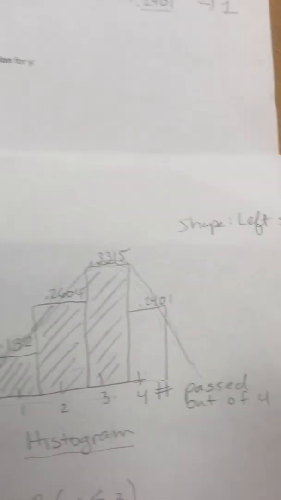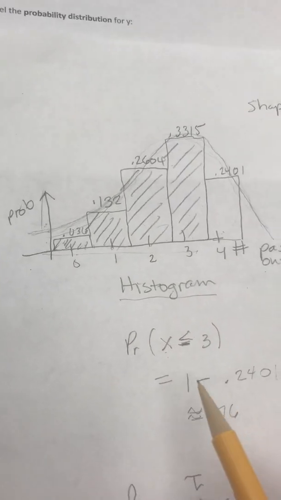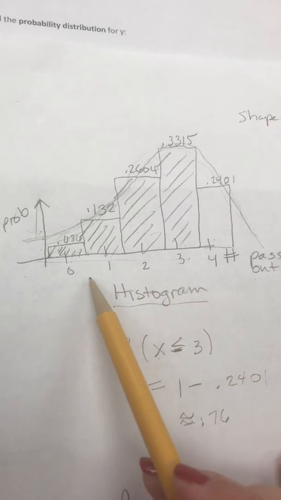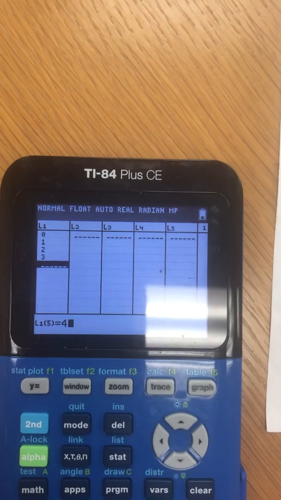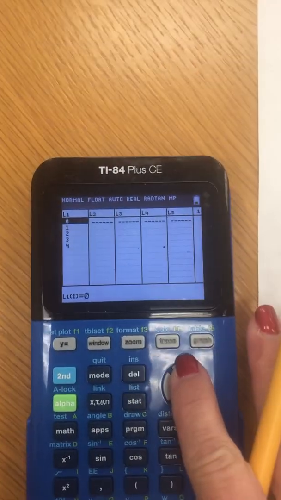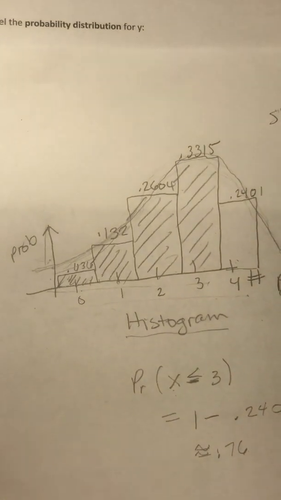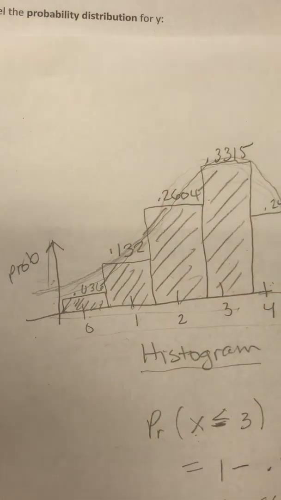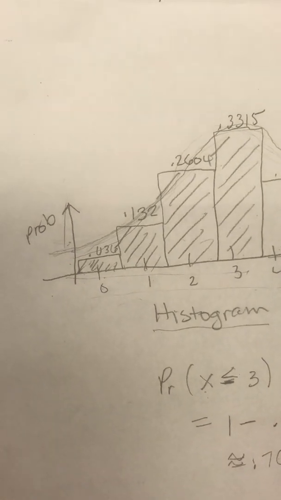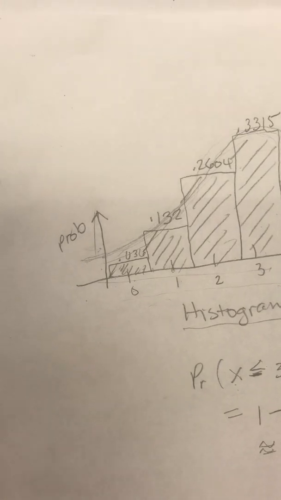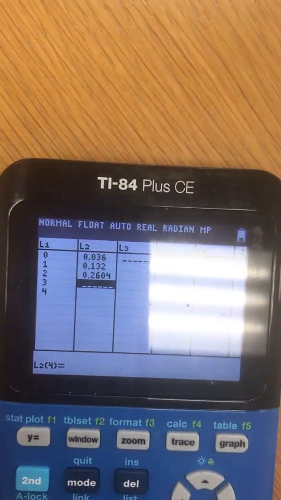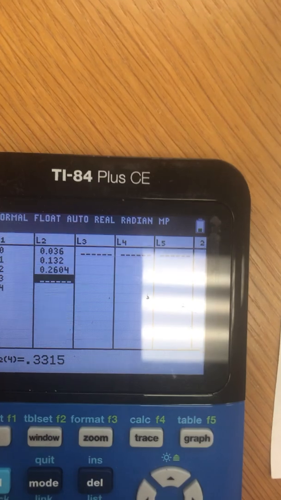Now to come up with the statistics, the values from this data, I'm going to enter 0 through 4 into list 1. So 0, 1, 2, 3, 4. And then over here in list 2, I'm going to list their probabilities. I know it says frequency list, but I'm going to list in 0.036, 0.132, 0.2604, and 0.3315.